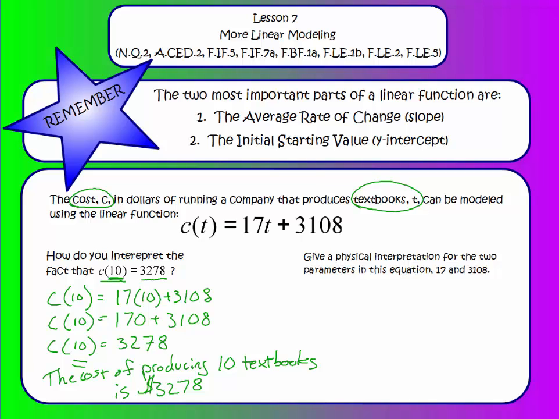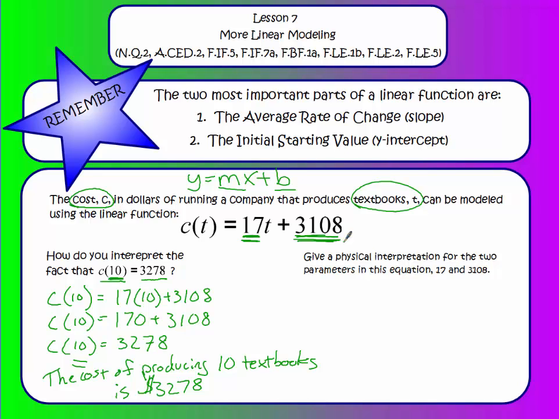So the m and the b, as in y equals mx plus b. We talked about parameters briefly last lesson. The m and the b are the two things that are really going to make this linear equation what it is. So what is a physical description of this 17 and this 3,108?